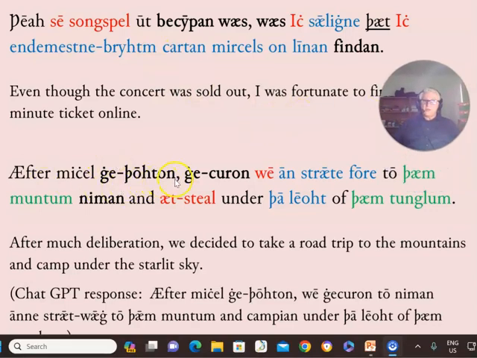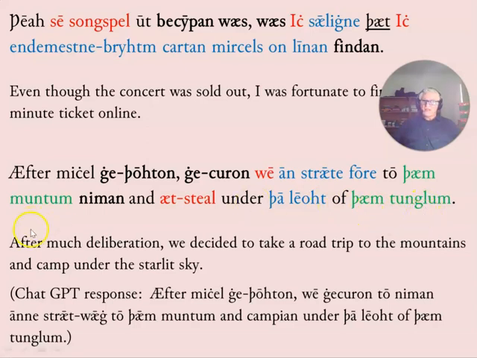After Mitchell je thoughton, je korum way aan satarate fora to tham muntum nimmen and at setel under thalecht of them tungelum. Okay, so after much deliberation, thinking, we decided to take a road trip to the mountains. Take is niman, so Yukuron decided to take is niman, so it goes in the infinitive form.